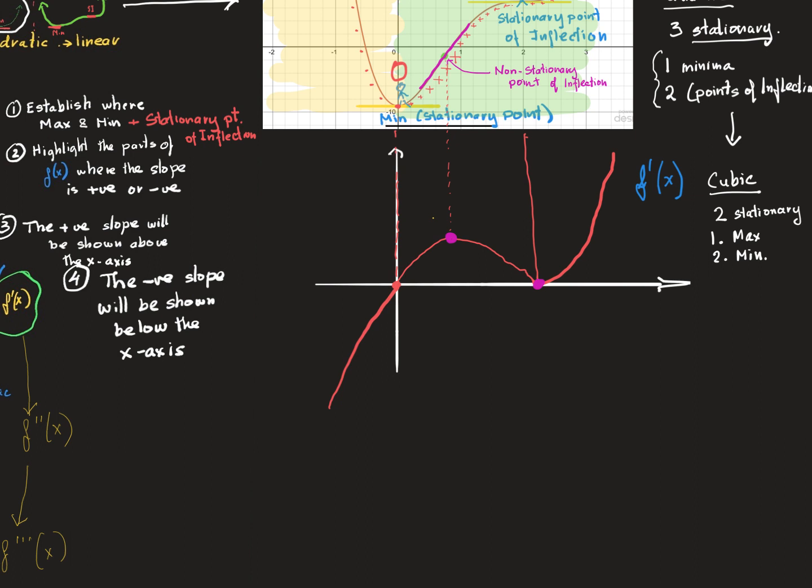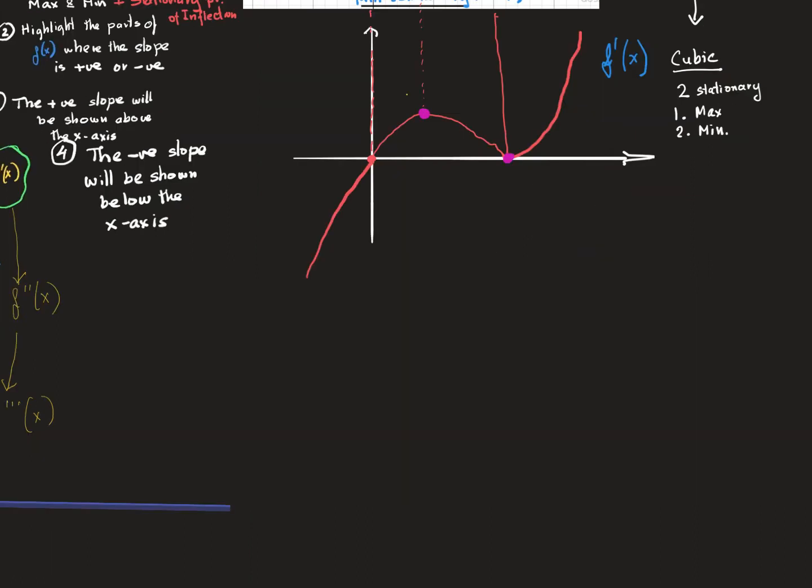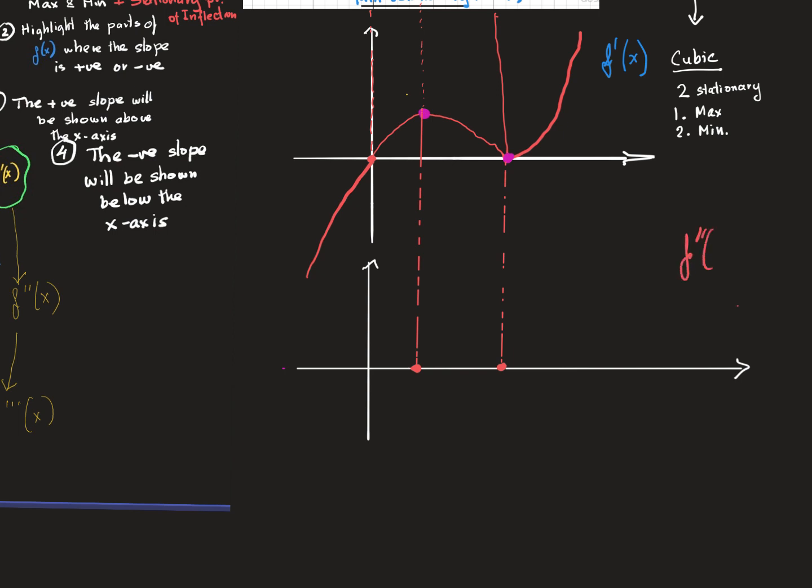So we need to draw another set of axes. And like before, these 2 points become the zeros of the new function, we can say f double dash of x. So now once again, we're going to find out whether the slope is positive or negative. And if we look at this, where is our negative slope?